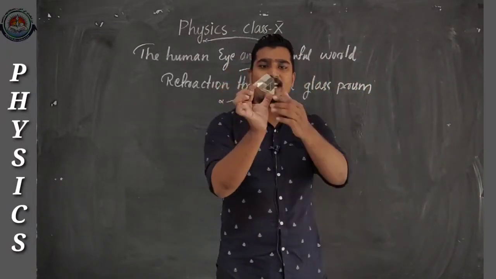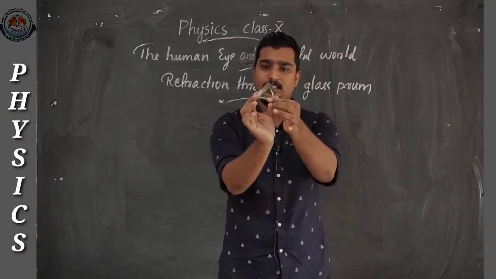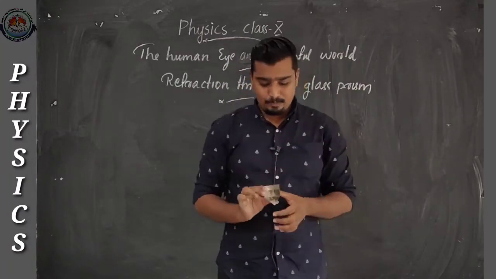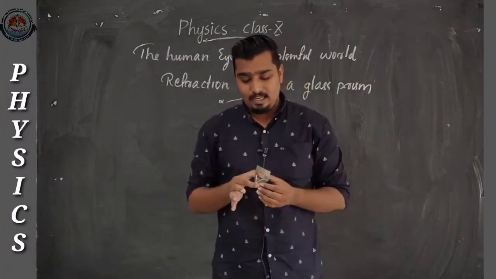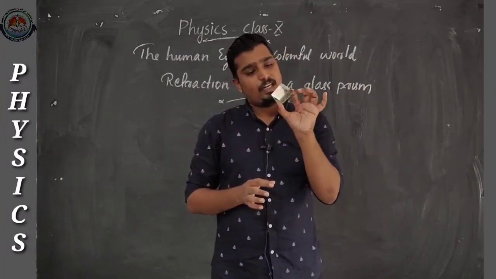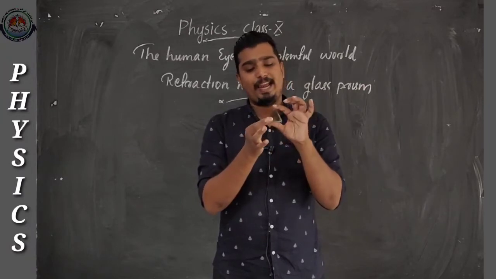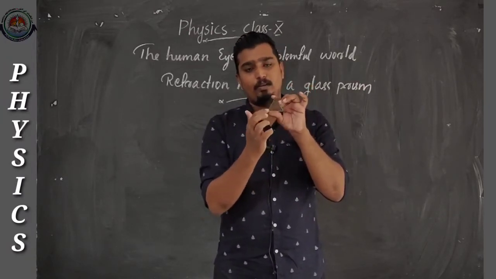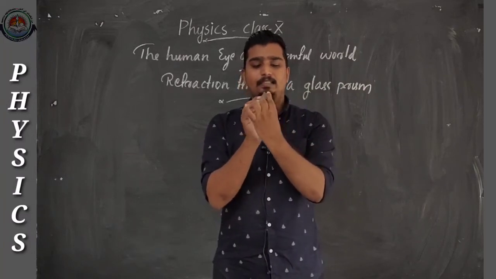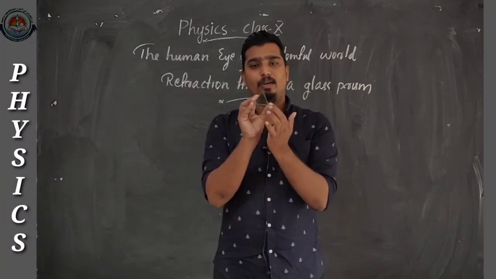This is a glass prism. You see this? It is made up of glass, and it consists of two triangular faces. This is one of the triangular faces, and this is the second triangular face.